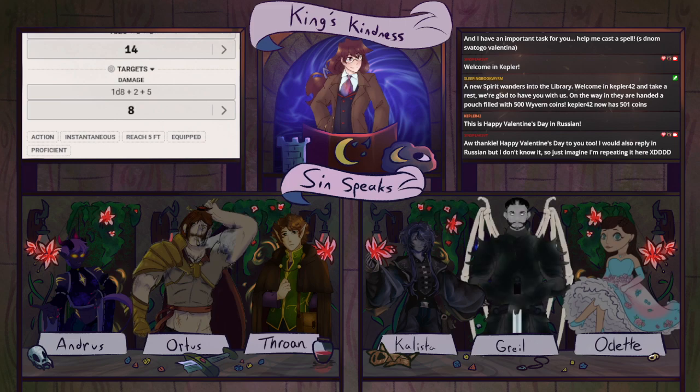I'm not even gonna roll for this because Callista is about to become a new astronaut. You reach out your hand to him, and with a look of genuine confusion, you can see through his helmet.